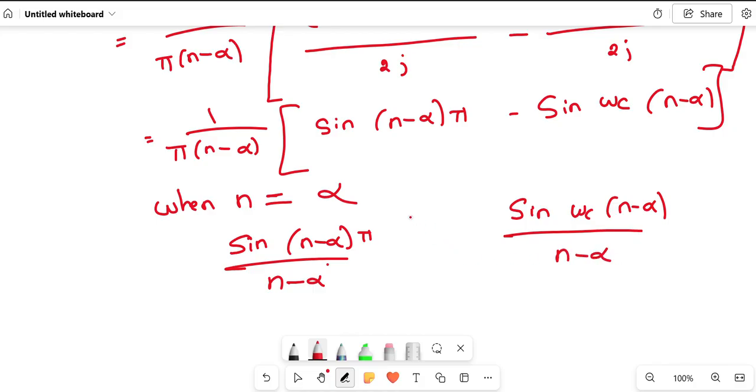These two terms become 0 by 0, so it will be indeterminate.